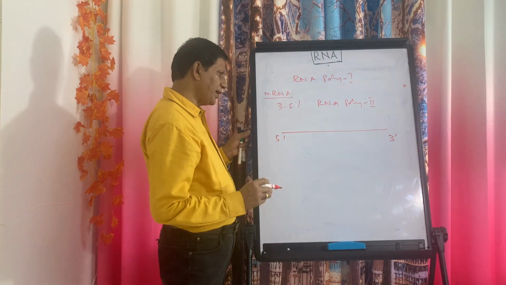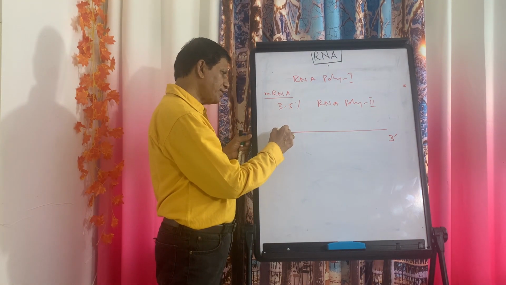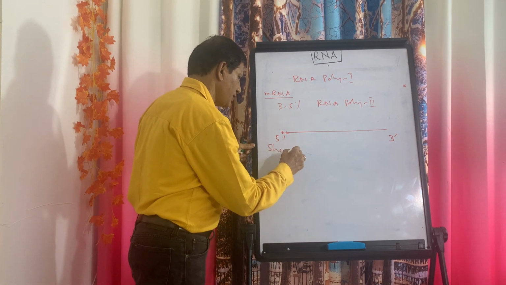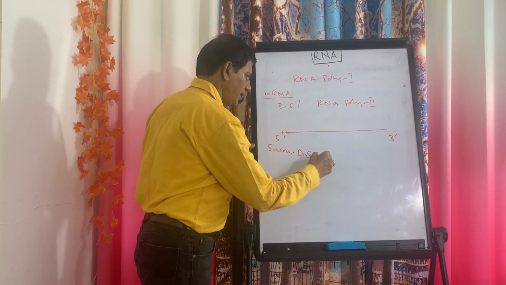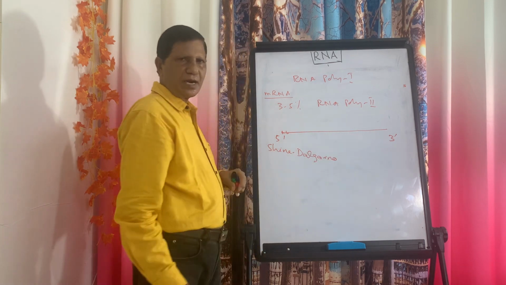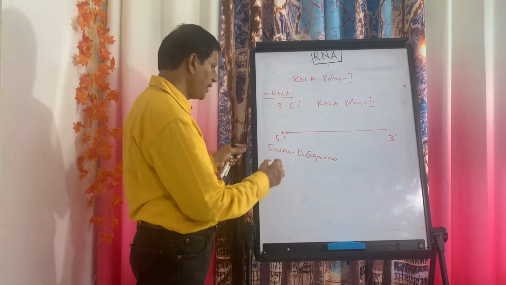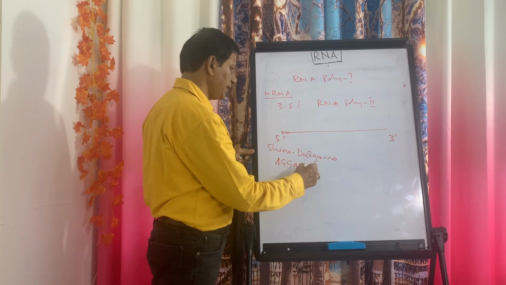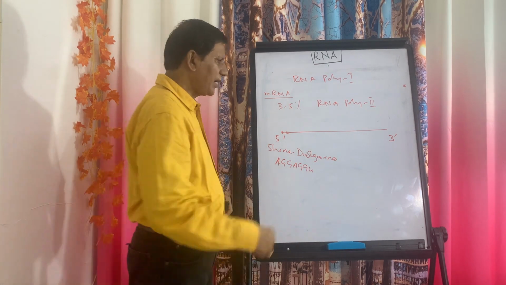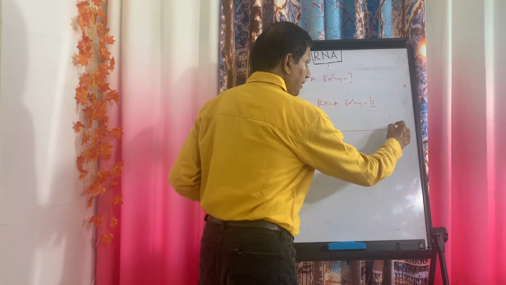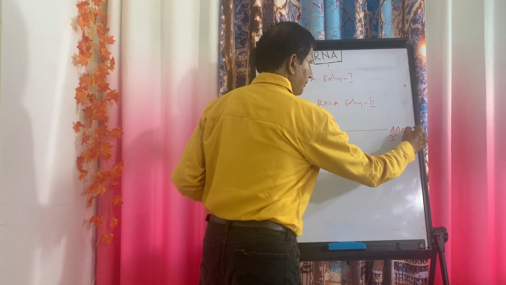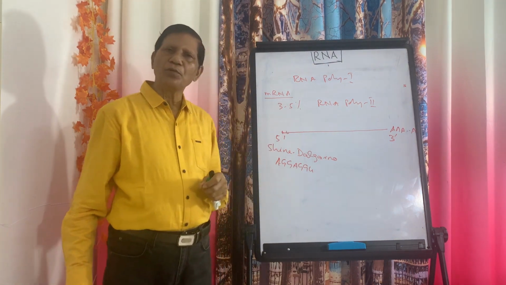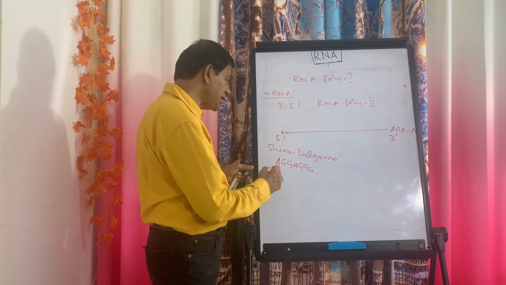In case of prokaryotes, at the 5' side, we'll get a Shine-Dalgarno sequence, named after the scientist, where you will get A, G, G, A, G, G, U. And on the other side, we'll get polyadenylation. And this mRNA in case of prokaryotes is usually polycistronic.